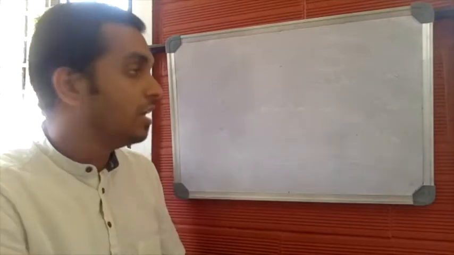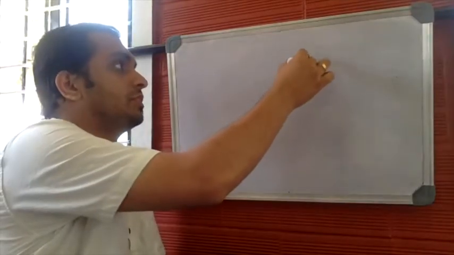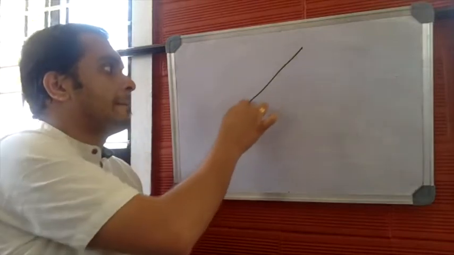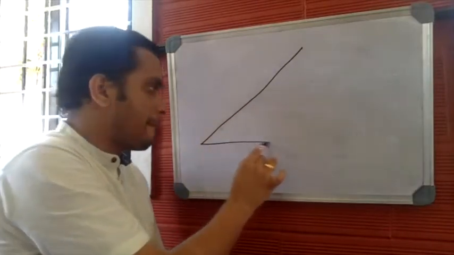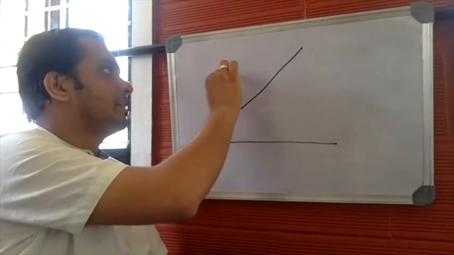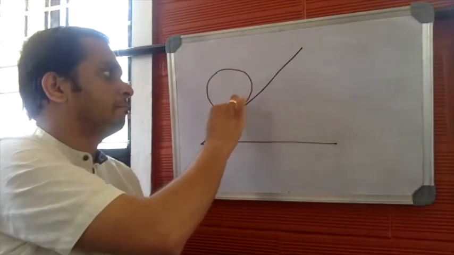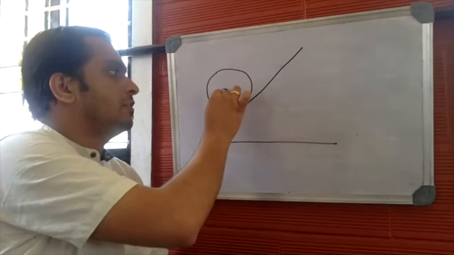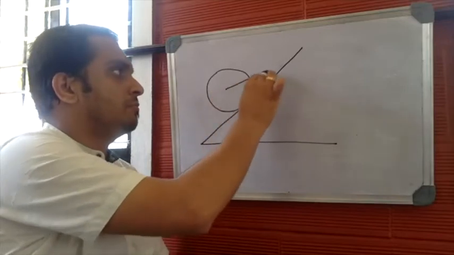This is the question. I'll draw the question. This is how it goes. This is the given arrangement. You have a cylinder here, and this particular cylinder is being tied.